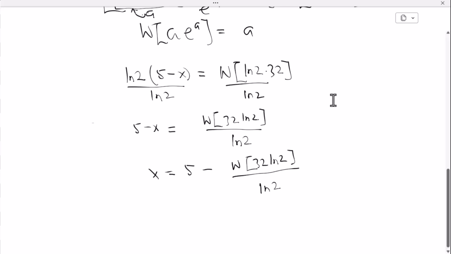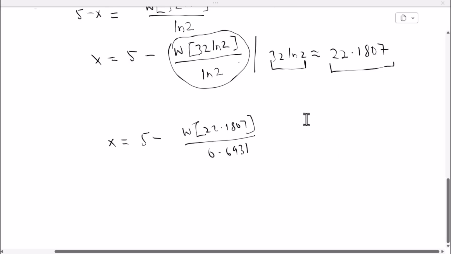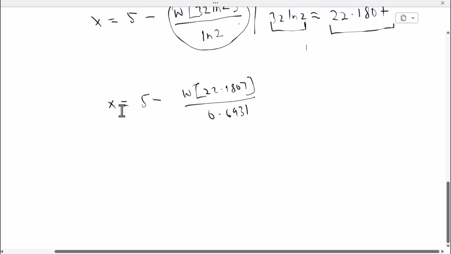Now we need to compute this entire thing. Alright, so when you compute 32 multiplying natural log of 2, that's going to leave you with a value of 22.1807. Now we are going to have x to be equal to 5 minus the Lambert W function of 22.1807 divided by 0.6931.